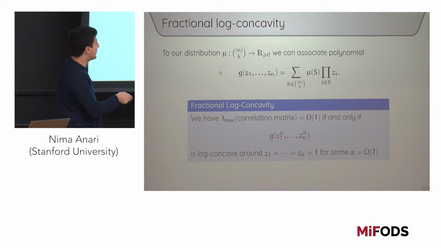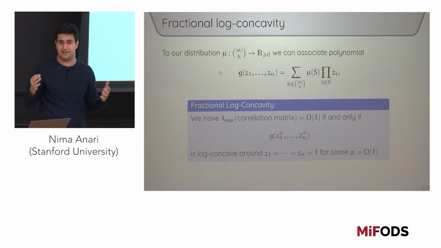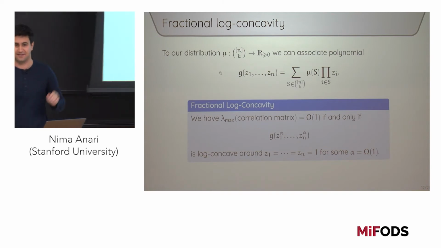Fractional log-concavity means that if you replace the variables by some fractional power of them, so think of alpha as a parameter between 0 and 1, then if you look at this as a function in z1 through zn and it is log-concave, it means that the correlation matrix has bounded eigenvalues and vice versa. So you can forget this slide for the rest of the talk. That's all I'm going to say about it.